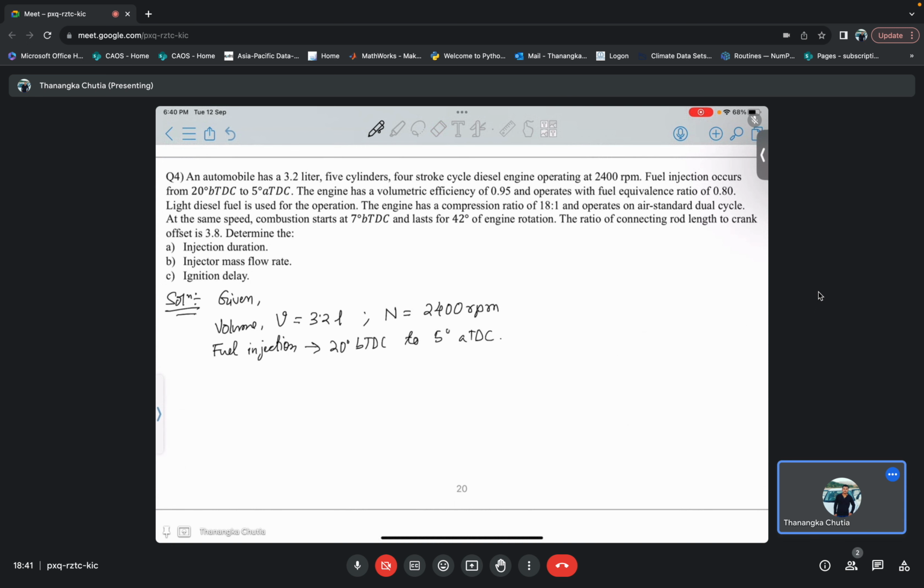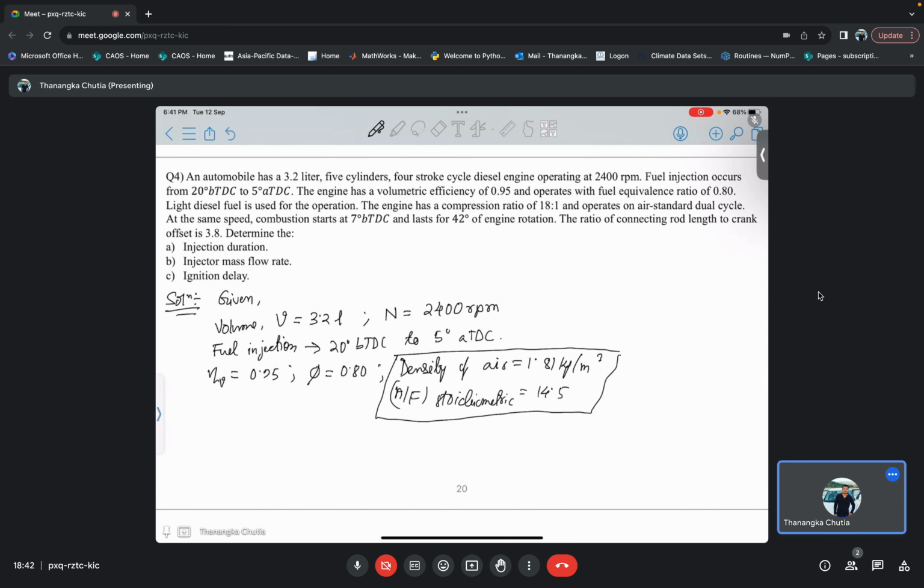Okay, and volumetric efficiency is given as 0.95. Equivalence ratio is given as 0.80, and density of air, we know it. Density of air is equal to 1.81 kg per meter cube. Okay, these two things you have to know. And air fuel ratio, stoichiometric, is equal to 14.5. Okay, these two parameters you need to know.